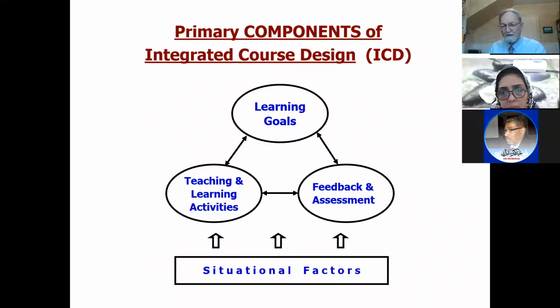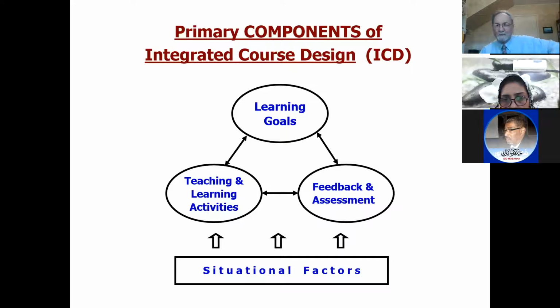Or if I say, no, I can't give them assessment on critical thinking because I didn't give them any opportunity to learn it, any practice and feedback, in that case I'll have a strong connection between assessment and learning activities, but the arrow between assessment and learning goals will be broken. So it's really important that you have all three of these reflect and support each other.